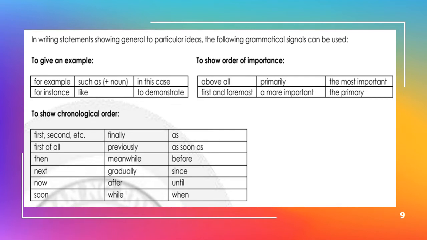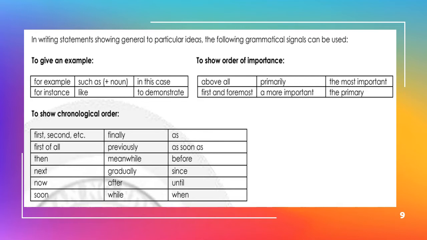We can also use the grammatical signals to show order of importance. Above all, first and foremost, primarily, a more important, the most important, and the primary. We can also use these grammatical signals to show chronological order.